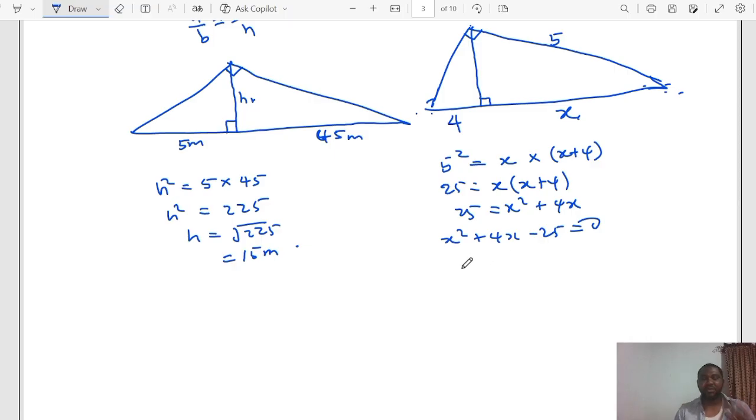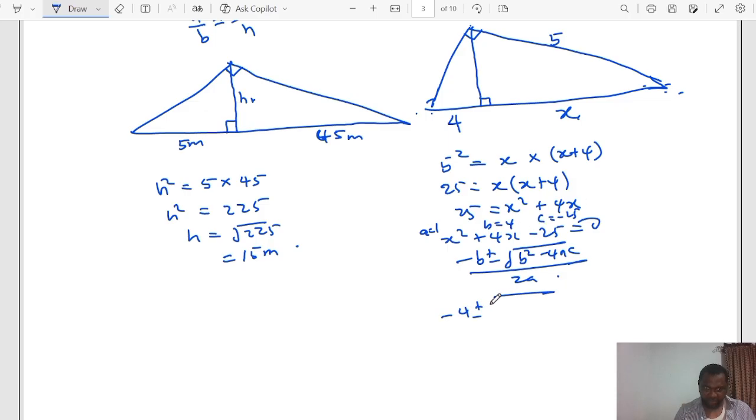You can now solve maybe using the formula method, minus b plus or minus the square root of b squared minus 4ac, over 2a. I'm not going to go into that. You can use this to solve for x. If you want to, okay, maybe I should. a is 1, b is 4, and c is negative 25. So it's going to be minus 4 plus or minus the square root of b squared, which is 4 squared, minus 4ac. That means 4 times a, which is 1, times c, which is negative 25, divided by 2a. 2a is 1.